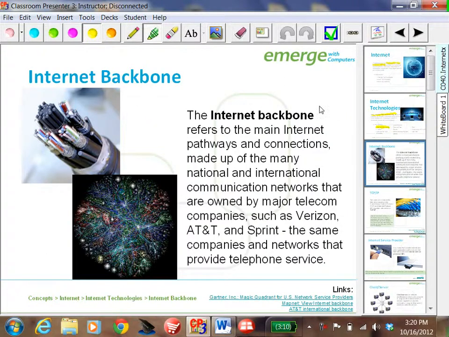So the internet backbone, okay, the main internet pathways, connections, okay. So, Verizon is part of it. Okay, AT&T, Sprint, okay, all of these.